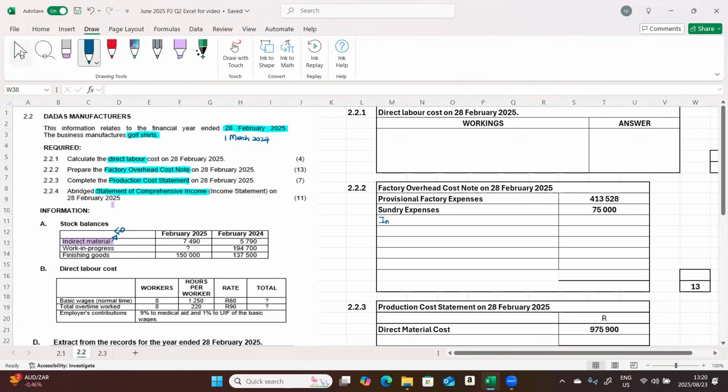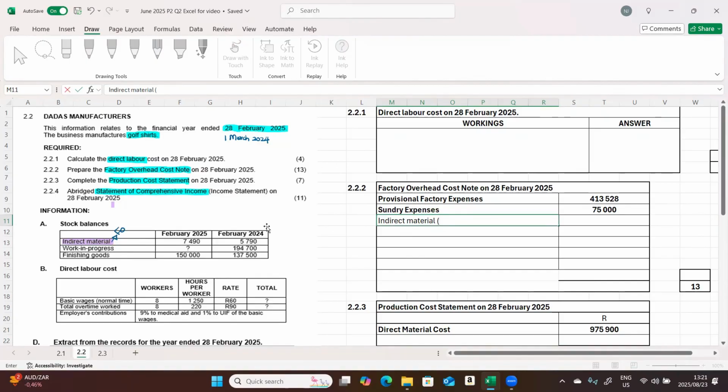I put this in Excel so that I don't have to write, because the handwriting is not always the best, guys. So let's go ahead and type in our indirect material. We know that the indirect material goes over here. But then we also make our bracket, because we need to incorporate our stock balances, guys.